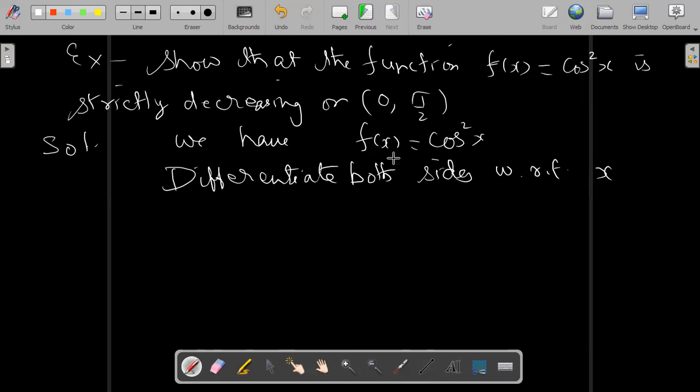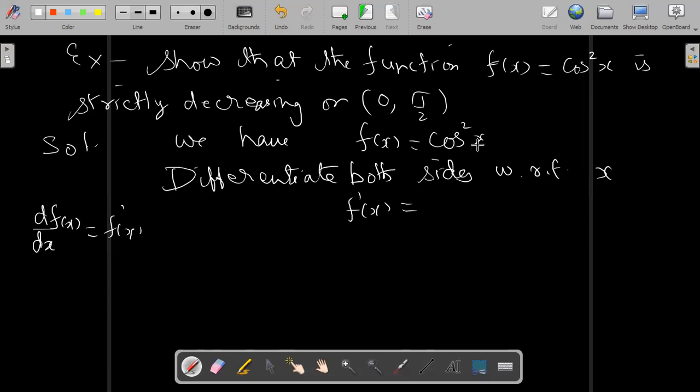The left side differential is f dash x. We can directly write d by dx of fx is f dash x, meaning the differential of fx. This can be represented as f dash. F dash means the first derivative, dy by dx. And on the right side we have to differentiate.